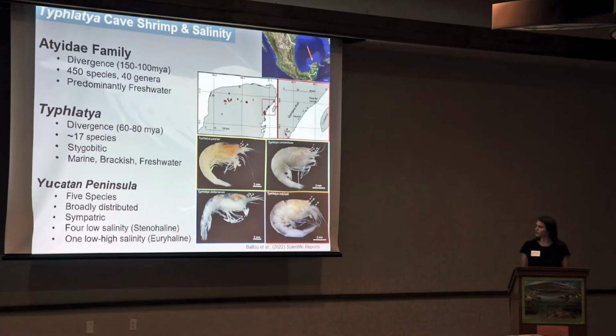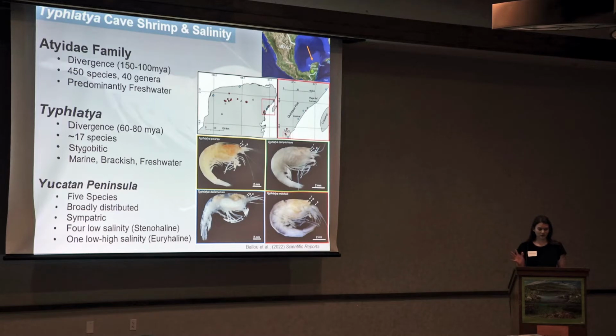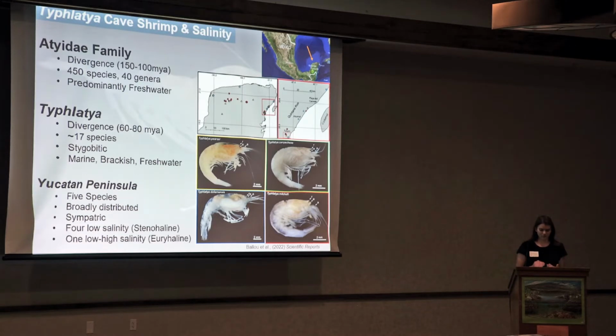Looking even closer at the Yucatan Peninsula, we find 5 species there, broadly distributed, but only one of these species has been identified as Euryhaline, meaning it exists within brackish, marine, and freshwater environments. The other 4 species, which were previously discussed, are only found within freshwater environments.